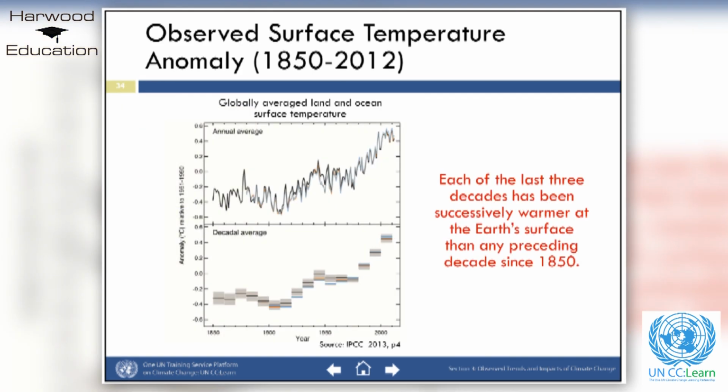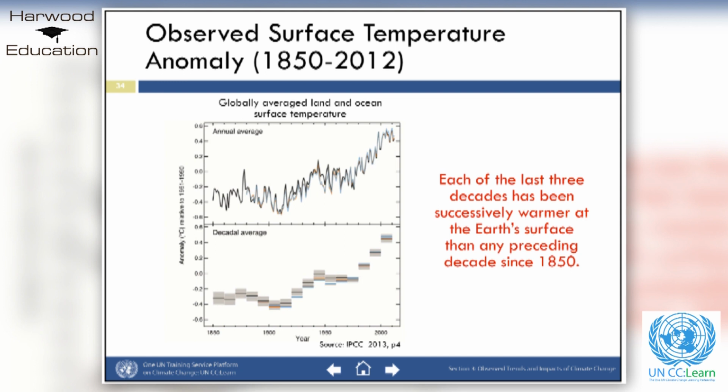Observed surface temperature anomaly, 1850 to 2012. This figure illustrates how the averaged land and ocean surface temperature has changed between 1850 and 2012. The annual temperature average has always varied, with cold and warm periods alternating.